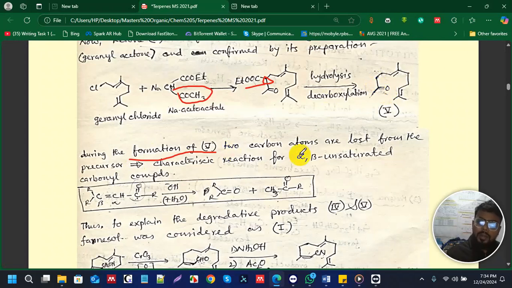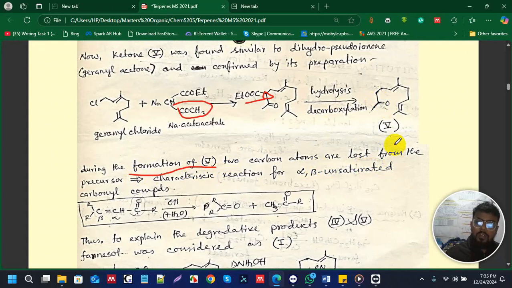During the formation of 5, two carbon atoms are lost from the precursor. That is the characteristic reaction for an alpha beta unsaturated carbonyl compound. Because here is a COO, a carbon, and here is another carbon, two carbons have actually been lost.